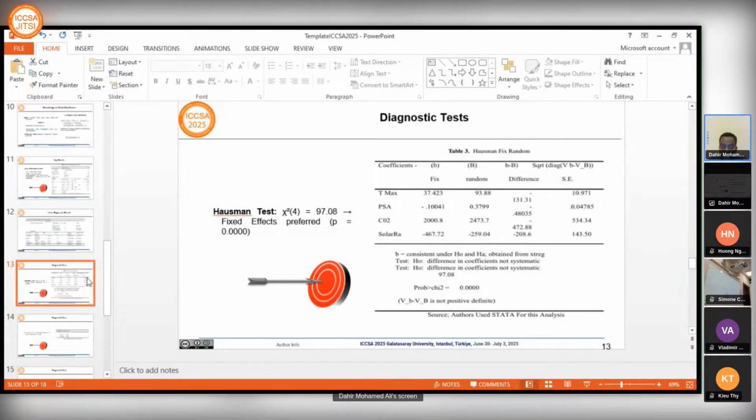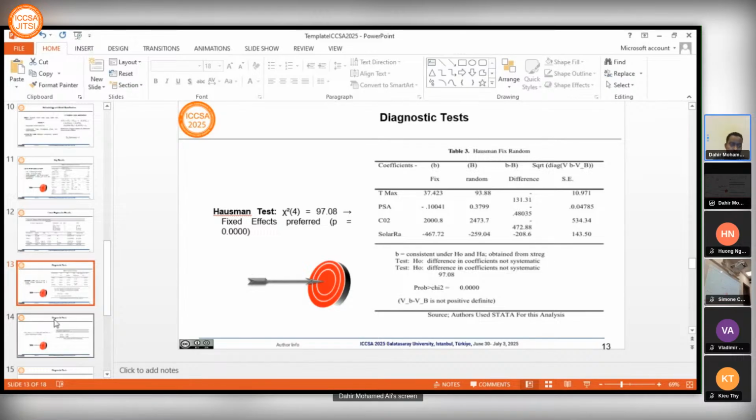Therefore, the fixed effect model is the appropriate choice compared to the random effect model, as it accounts for correlation between unobserved country-specific factors and explanatory variables, ensuring more reliable estimators of the impact of climate change on overall cereal productivity.